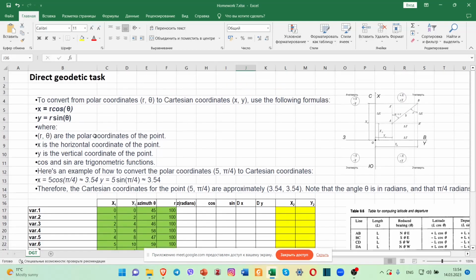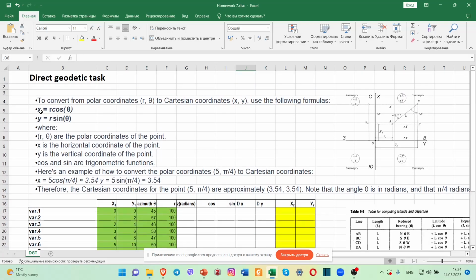Then we use the formula for delta x, or x differences, the catet of this triangle. We just need to use this formula.